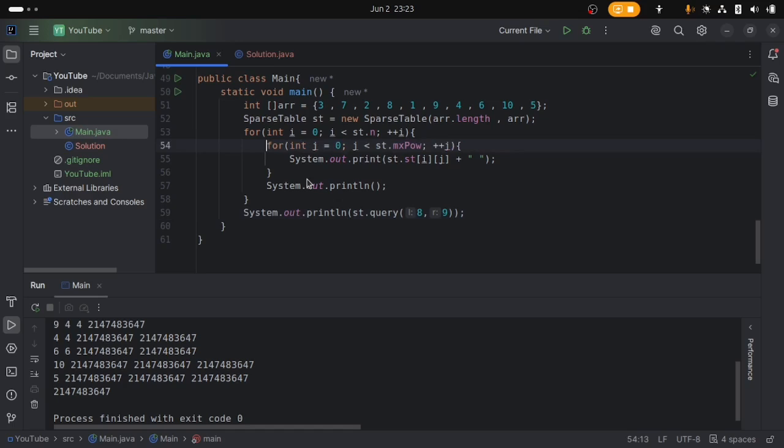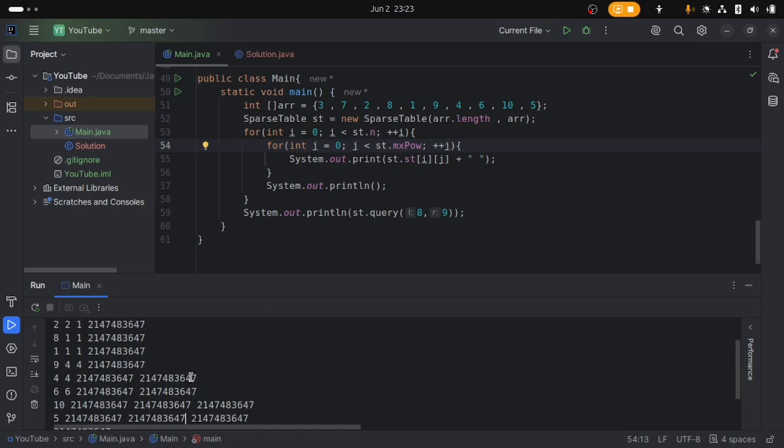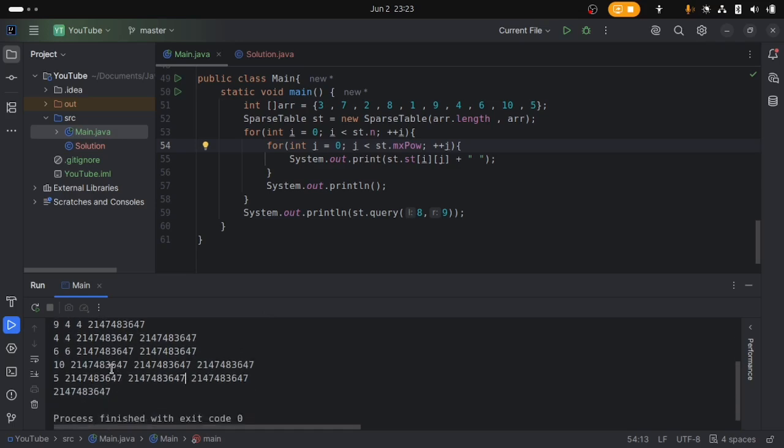So what's wrong over here? Now we are just getting this large number, 5 and 5 for a length.